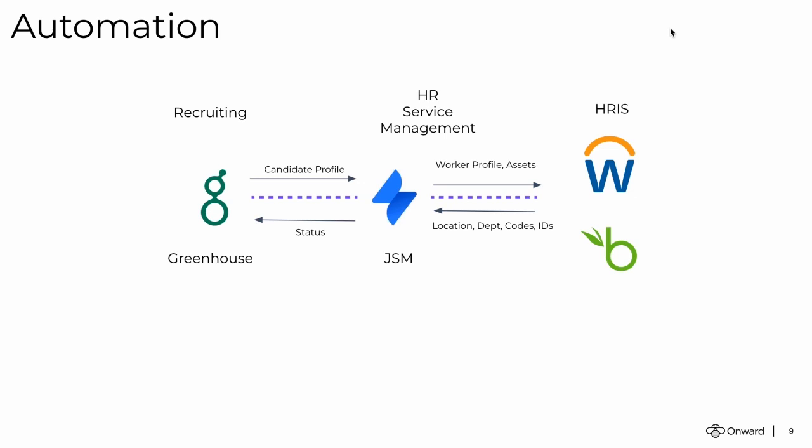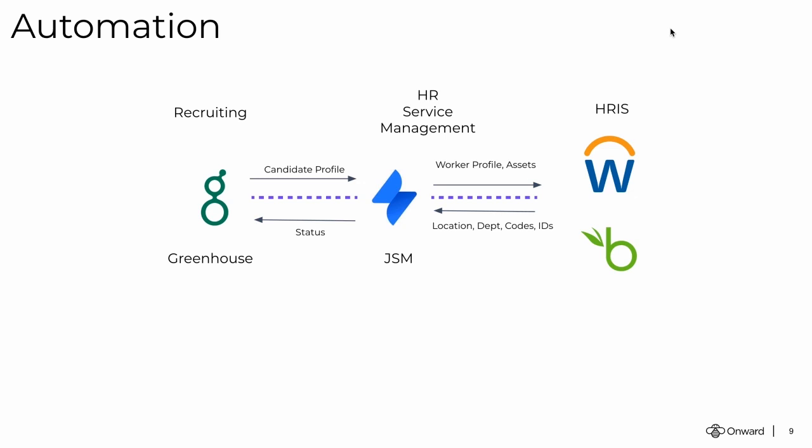Similarly, back from the HCM system in terms of location, department, reporting manager, codes like labor category codes, IDs like employee IDs, back from the HCM system that we can integrate in the Jira Service Management. And in Jira Service Management, we can now associate assets and other infrastructure requirements that the candidate has.